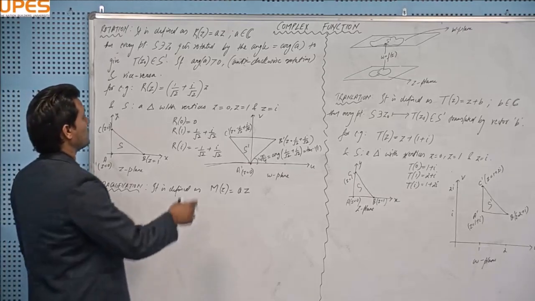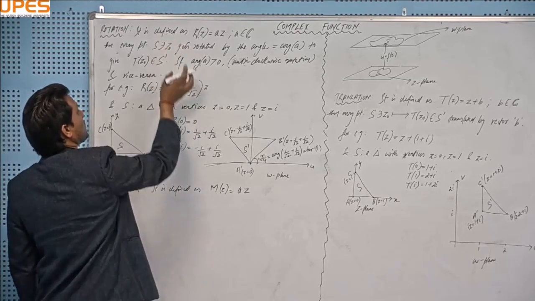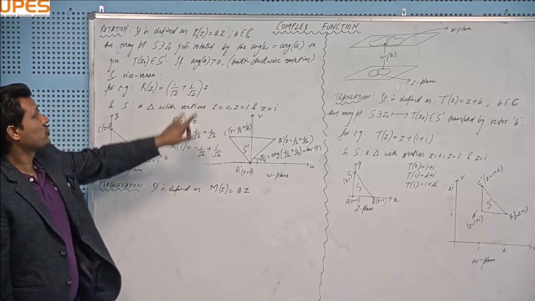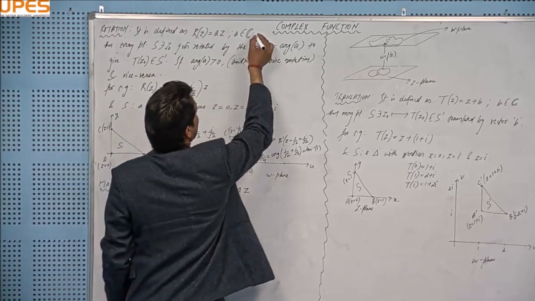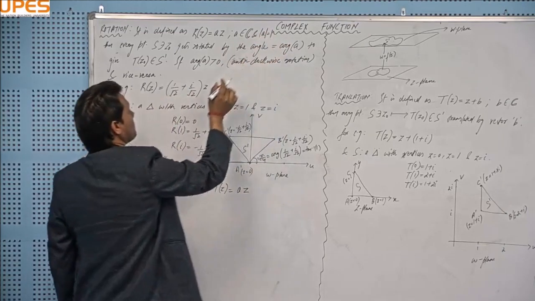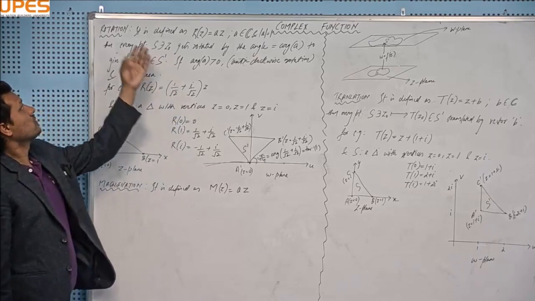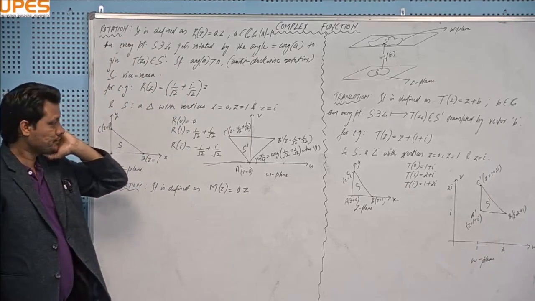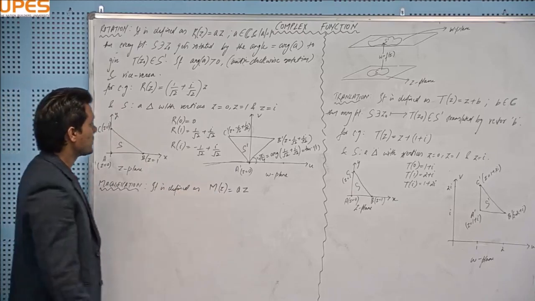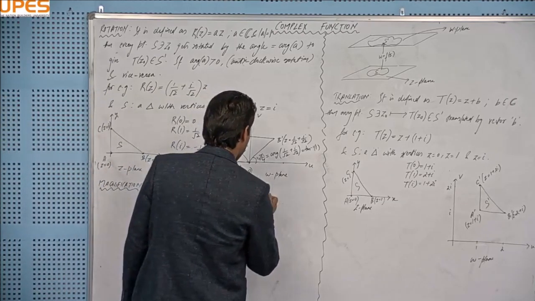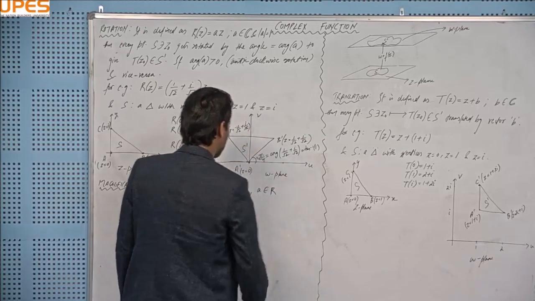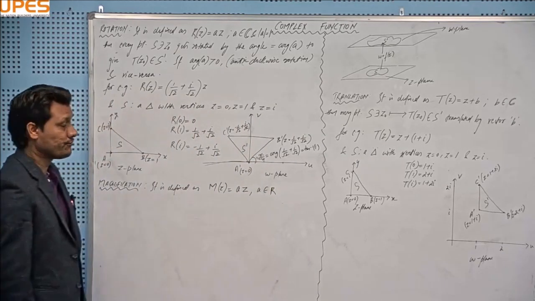And one more thing, here if you want only rotation, not magnification, then the modulus of A should be equal to 1, right? Means if you want the pure rotation. And for magnification, a belongs to the real numbers, fine, right?